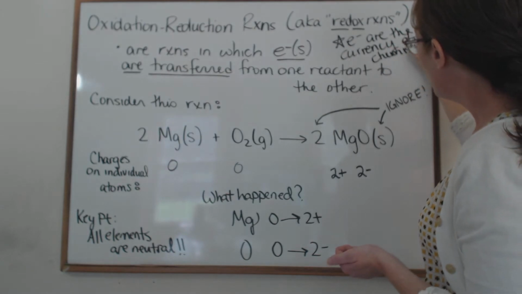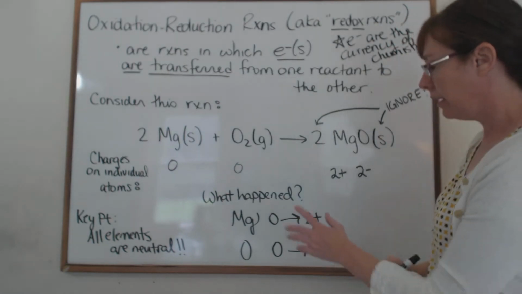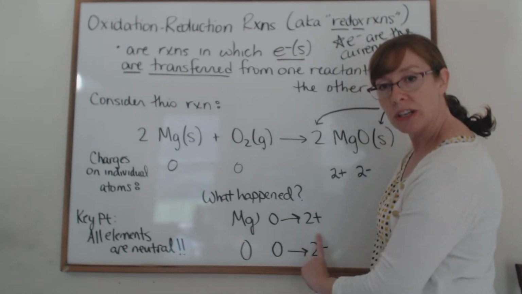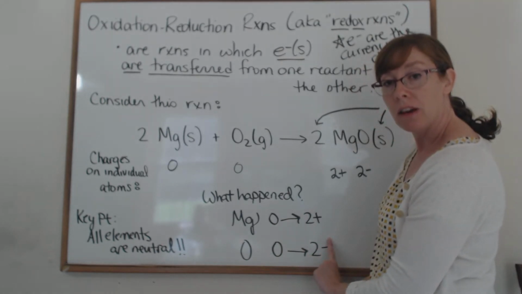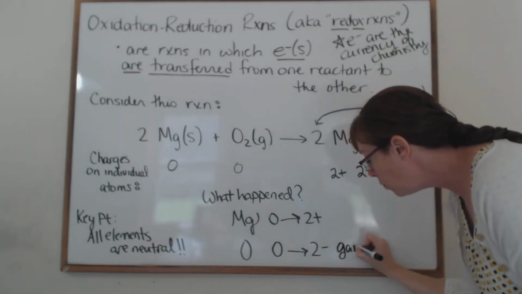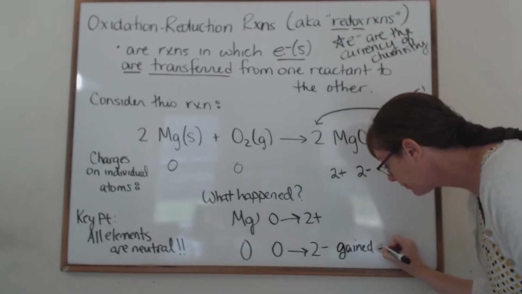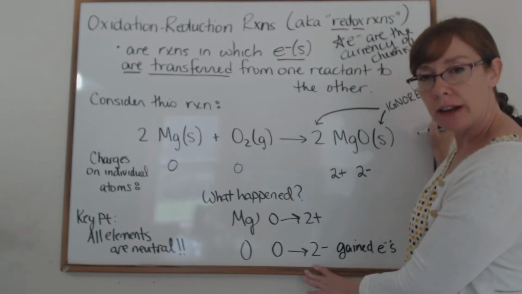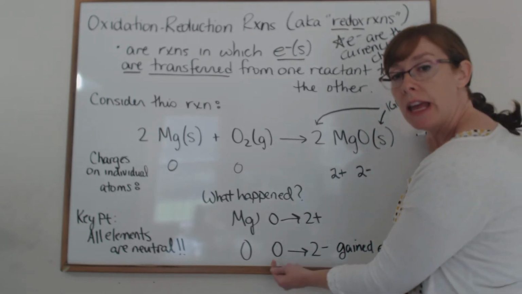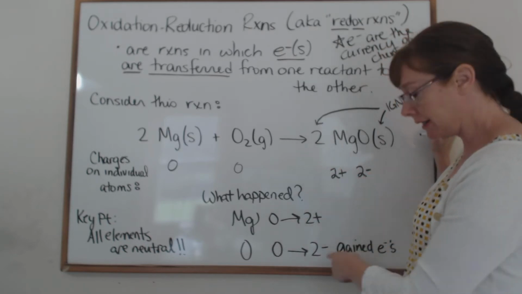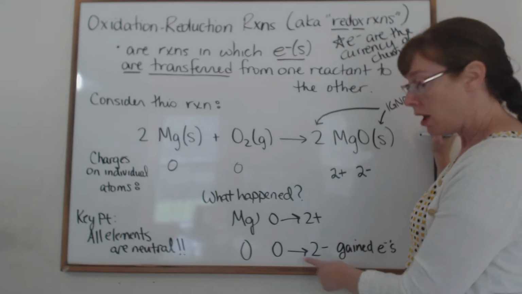So hopefully you see that, let's start with the oxygen. The oxygen got more negative, and therefore the oxygen must have gained electrons. And don't worry about how many. It's not about how many they gained so much, not at this level. We just want to know that they did. If you get more negative, you clearly picked up some extra electrons. In this case, it was obviously 2.